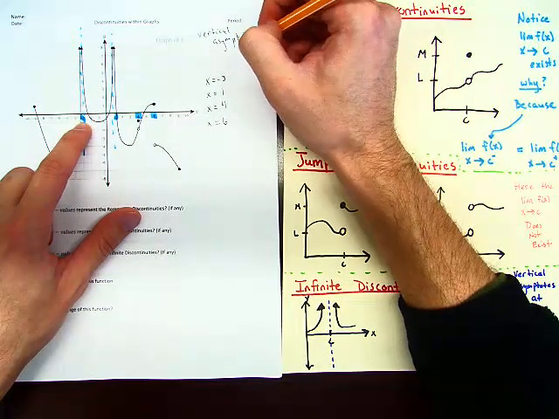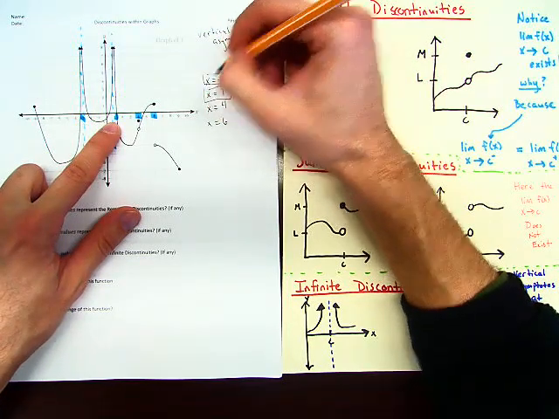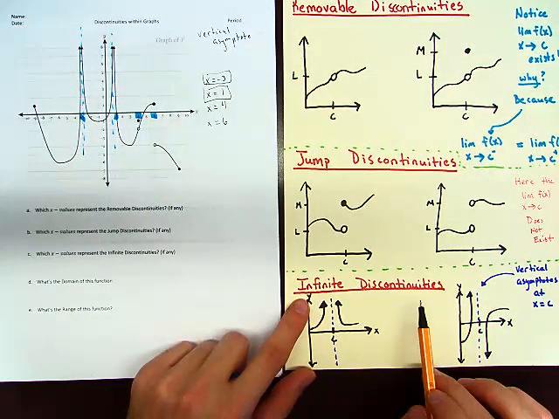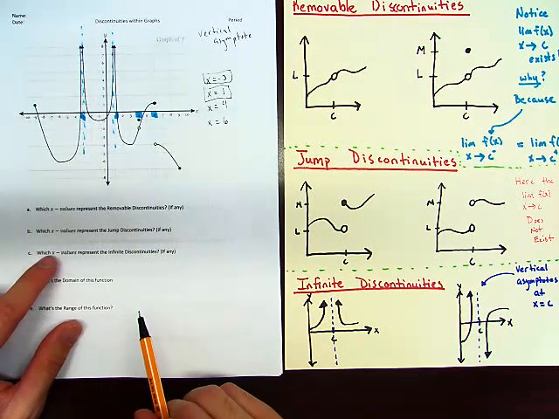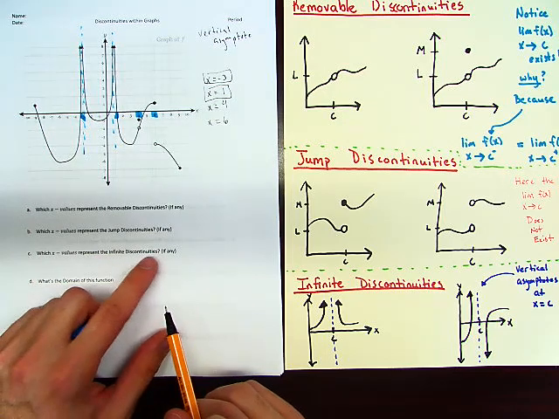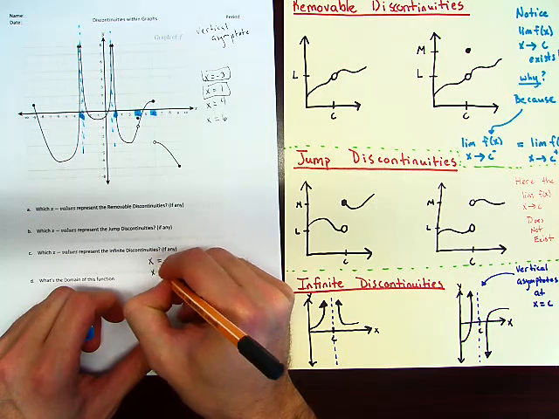There is a vertical asymptote at x equals -3 and at x equals 1, but these are also called the infinite discontinuities. So when we look at our question, which x values represent the infinite discontinuities, if any, we can just write x equals -3 and x equals 1.